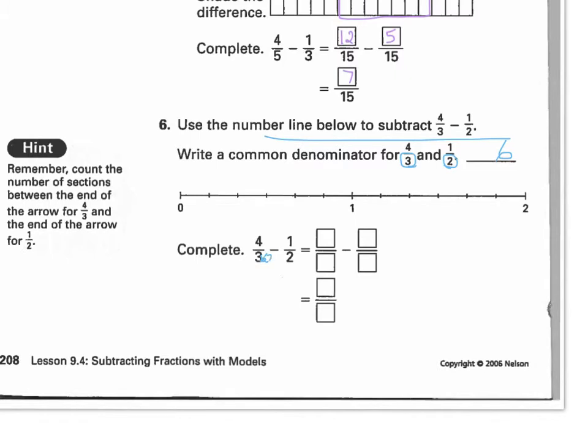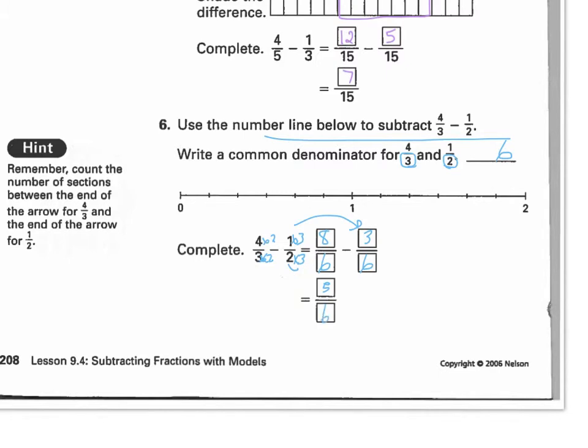I multiply it by 2. It becomes 8/6. To make this denominator a 6, I multiply by 3. It becomes 3/6. My answer should be 8 subtract 3 will give me 5/6.